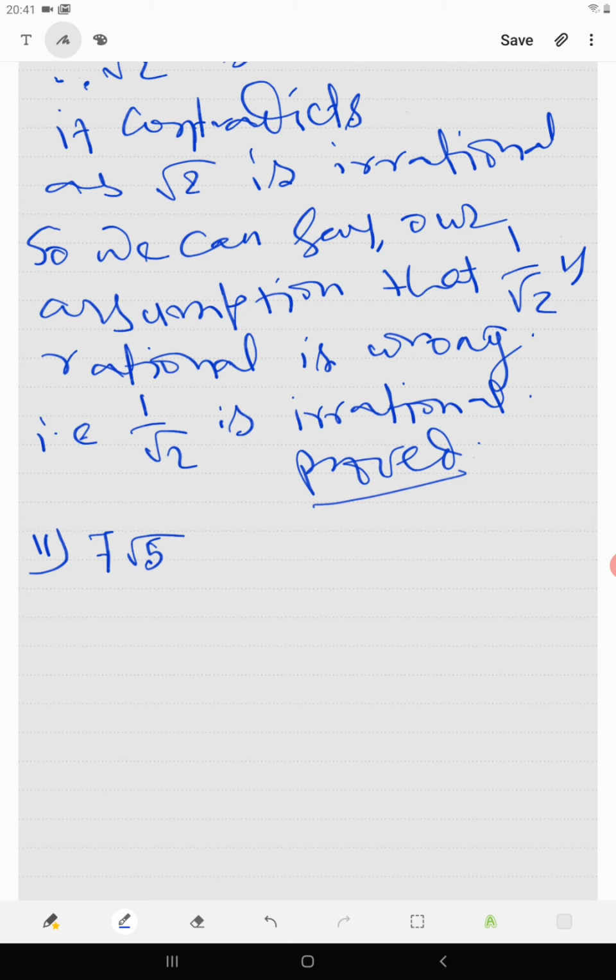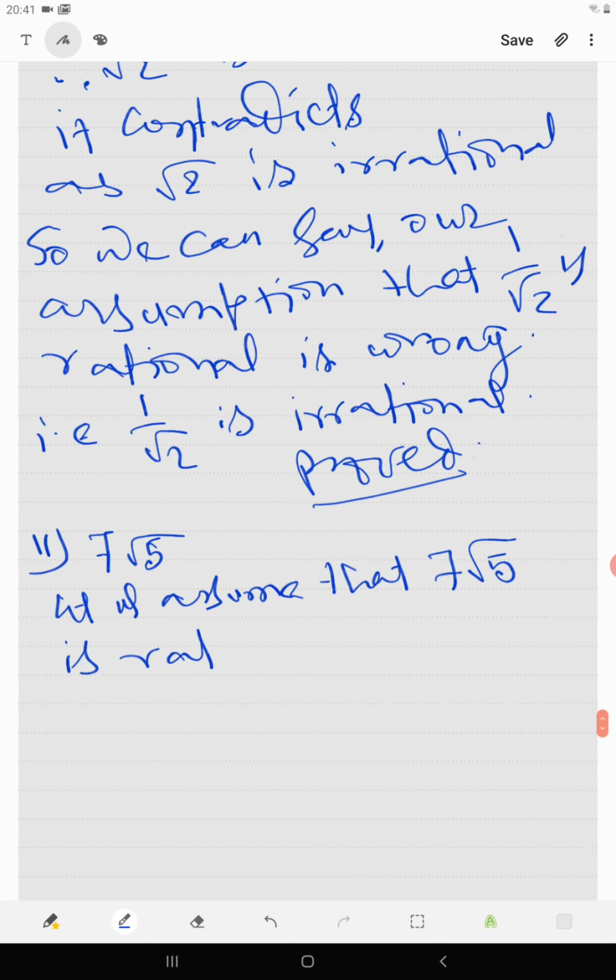Okay, so again, let us assume. Of course it is going to contradict. So let us assume that 7 root 5 is rational.